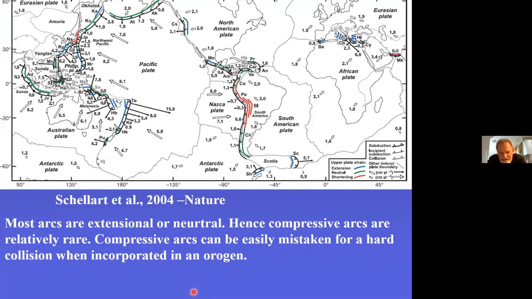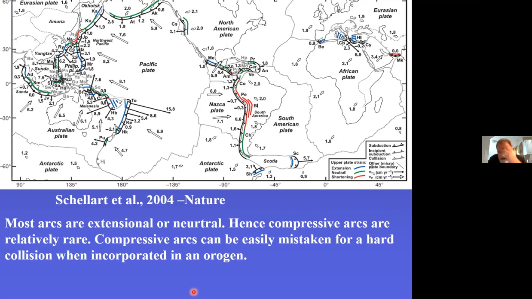If you do that, then there is a potential problem, because compressive arcs, as you can see here on this slide from Wouter Schellart in a 2004 paper in Nature, are relatively rare. They're indicated in red, and they are in Central America, where I also worked, and in Japan, but most arcs are either extensional or neutral.